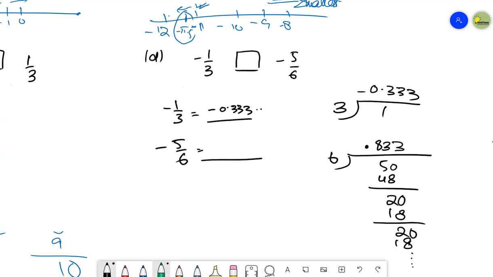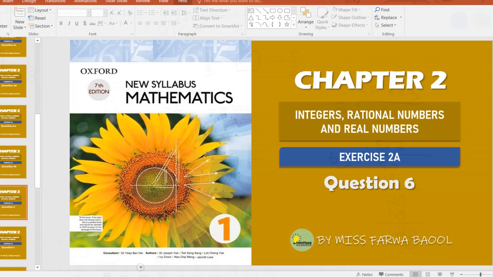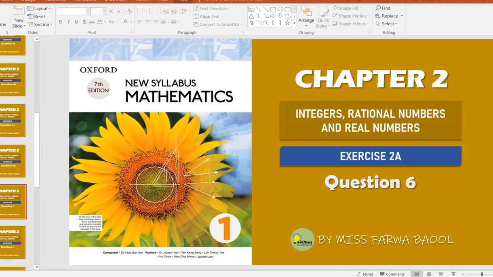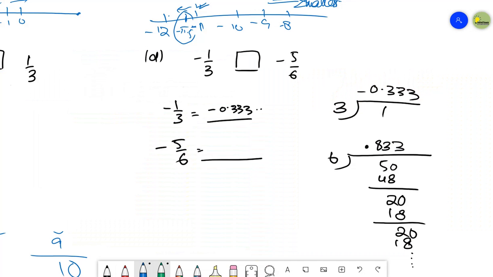So the approximate value of minus 1 upon 3 is minus 0.3333 and so on, and minus 5 upon 6 is going to have a value of minus 0.8333.